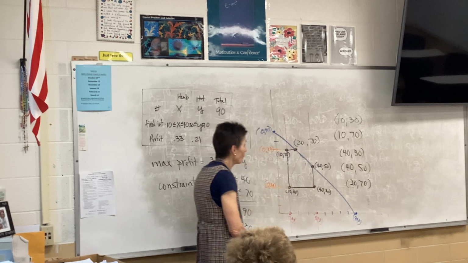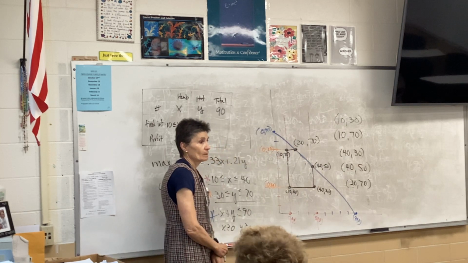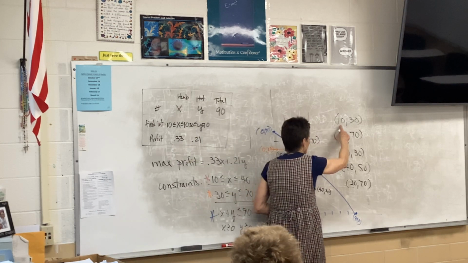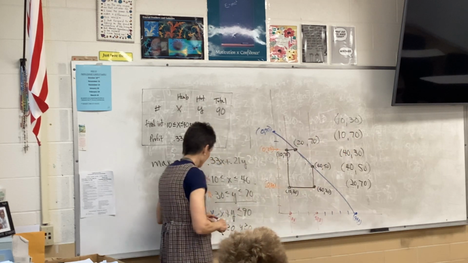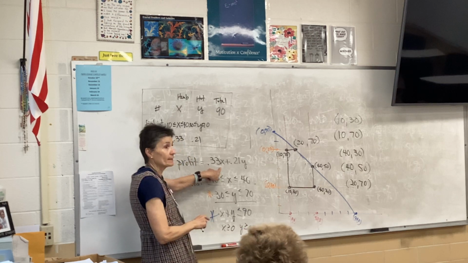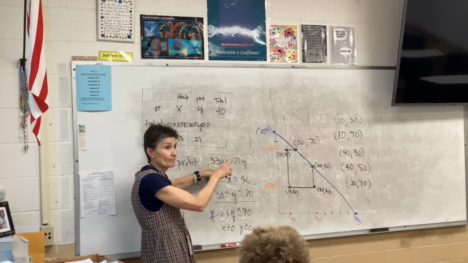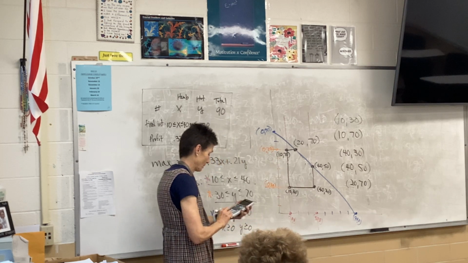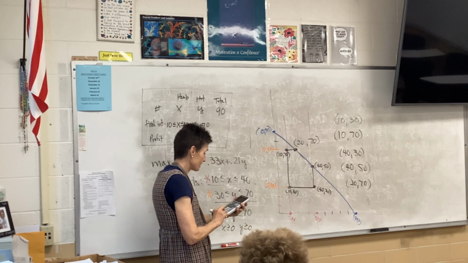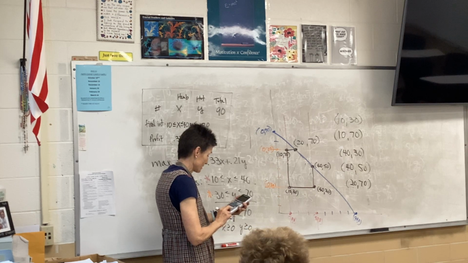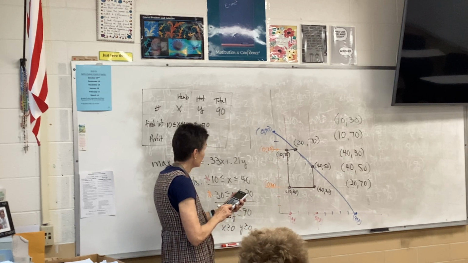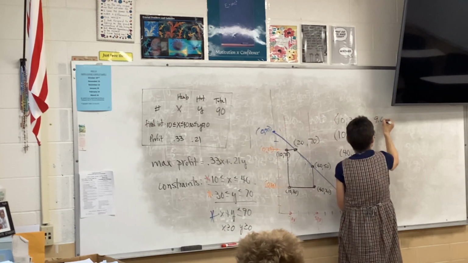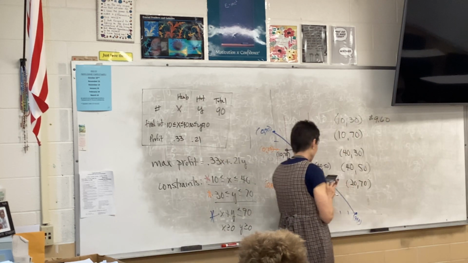Okay, so now what? Now we get our calculator out, and we take each X and Y and plug it in to this. So 0.33 times your X plus 0.21 times your Y. And this is your profit.